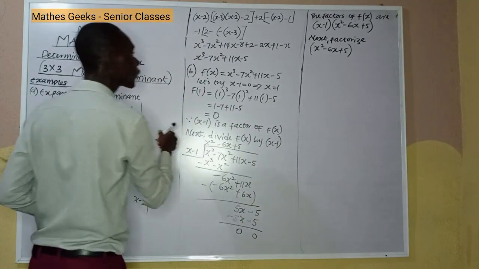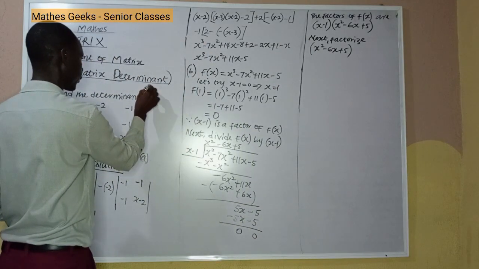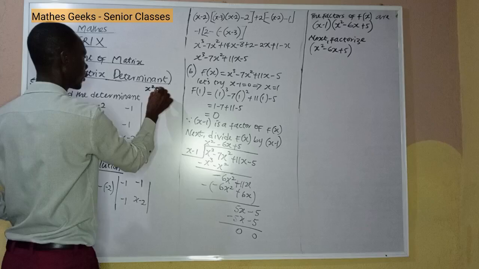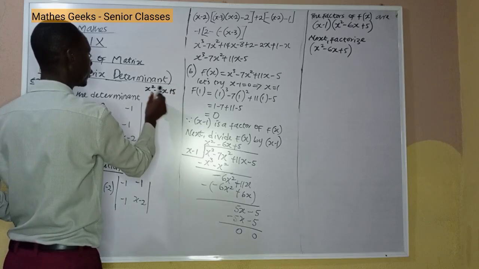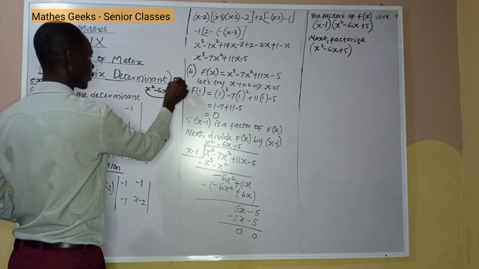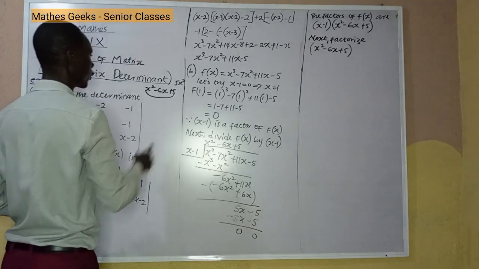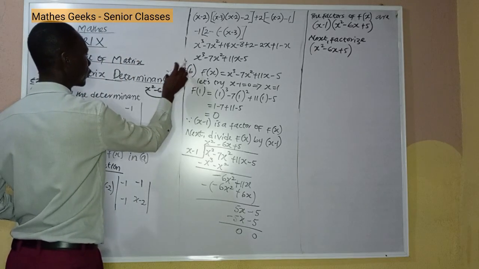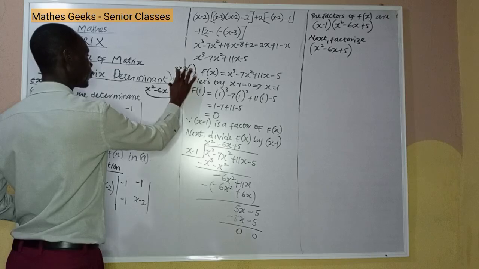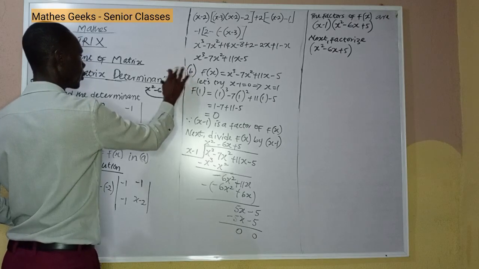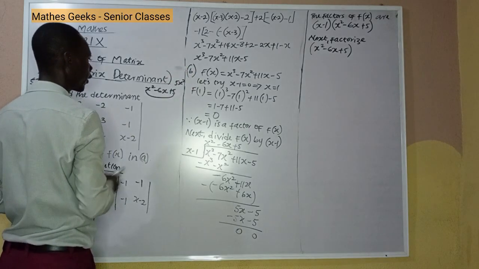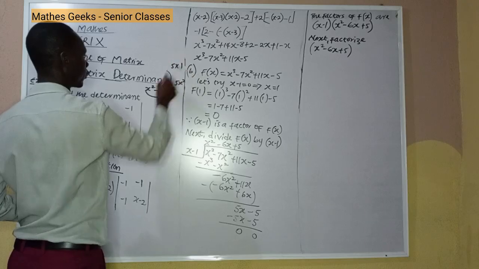We have here x squared minus 6x plus 5. This will give us 5x squared. Factors of 5 are 5 and 1.